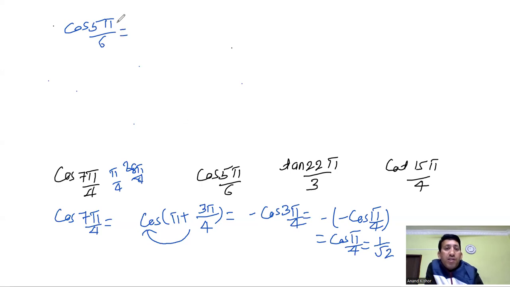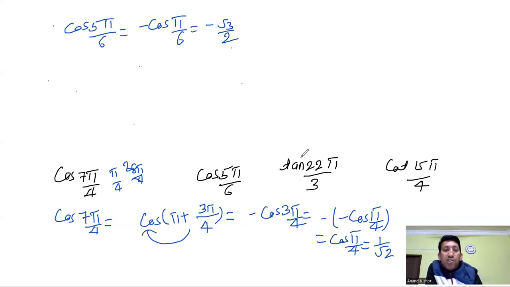This is supplementary or not? If I add pi, 5 pi plus pi, 6 pi, 6 pi by 6 cancels. So very easy. Cos 5 pi by 6 is supplementary with pi by 6, but cos is negative. Minus cos pi by 6, minus cos pi by 6 is nothing but cos 30. Cos 30 is how much? Root 3 by 2.